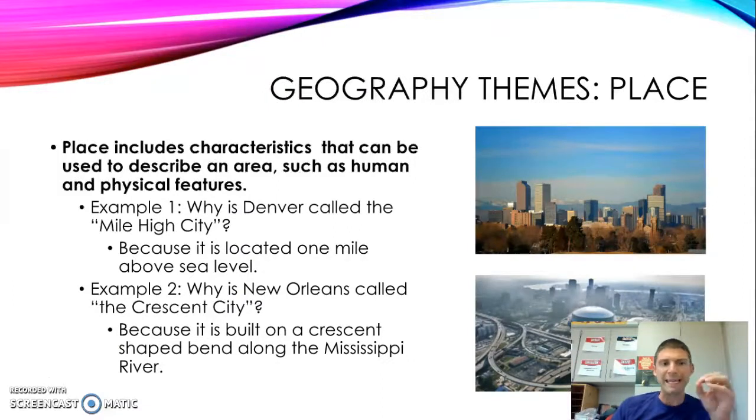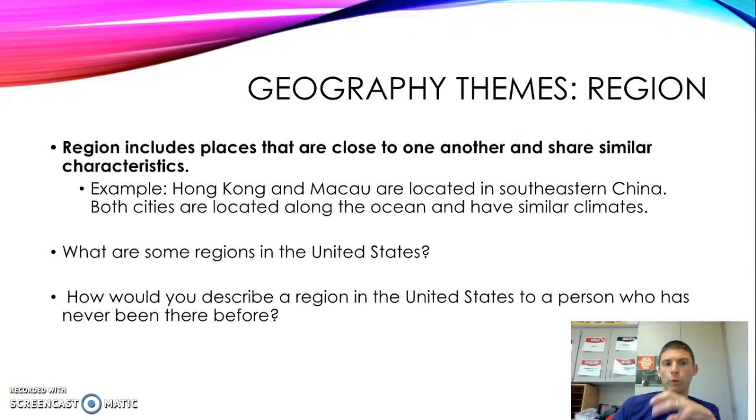So moving on here, place, one of those other 5 themes of geography, includes the characteristics that can be used to describe an area such as human and physical features. And we'll spend a lot of time here. This is what we do throughout the year. We describe a place based on human and physical features. So that's the component of place. Region is whenever you start to see that areas are close together. So we often cover information this way. We'll move from North Africa into East and West Africa, Central Africa, Southern Africa.